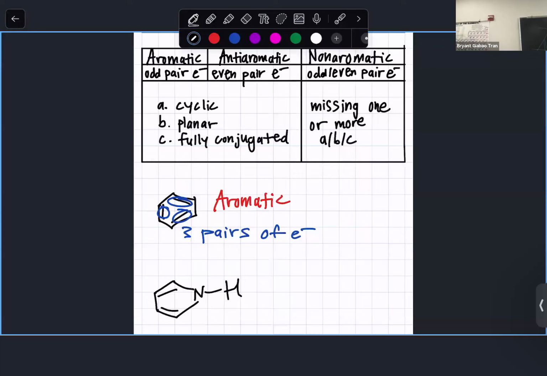Yes, because what does this nitrogen have that's not drawn out right now? A lone pair of electrons, right? That lone pair of electrons can do resonance with the ring, like that. So this is fully conjugated. How many pairs of electrons are doing the resonance in the ring? 6 electrons or 3 pairs? 3 pairs, 1, 2, 3, an odd number of pairs, making this aromatic as well.